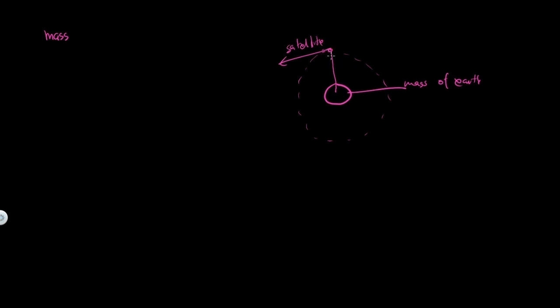But in this case, we don't know the value of v. We only know the radius and the period for this object to complete one oscillation.